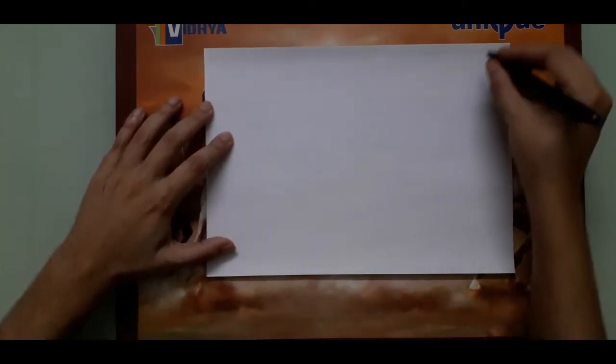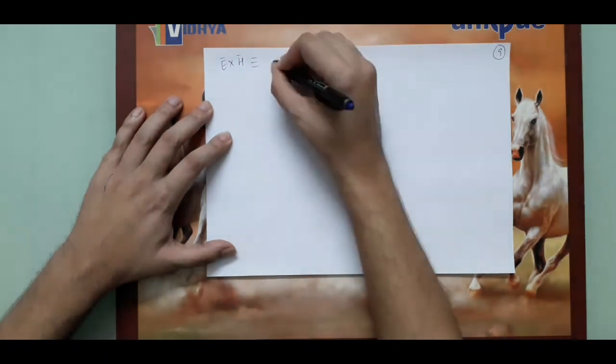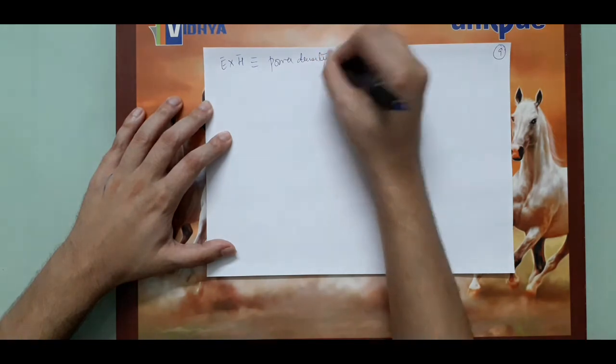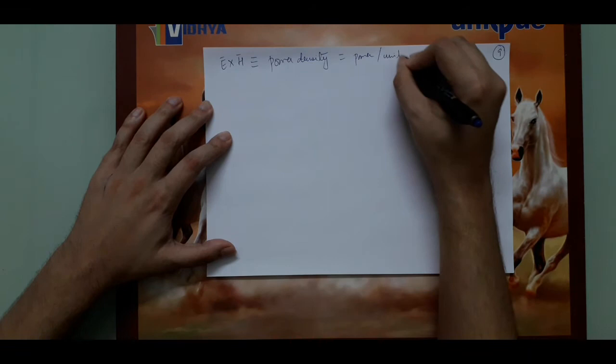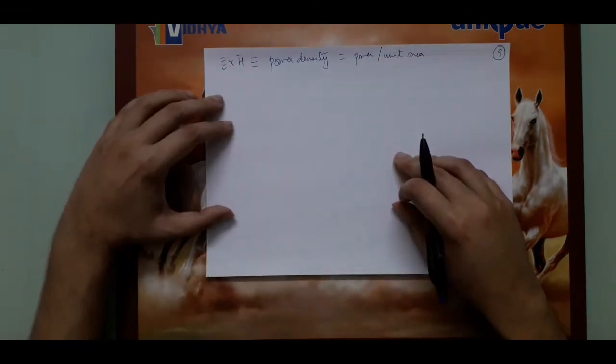Now, this quantity E cross H is power density. That is nothing but power per unit area. This vector has a very special name.